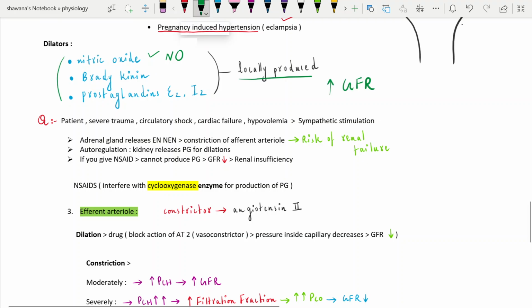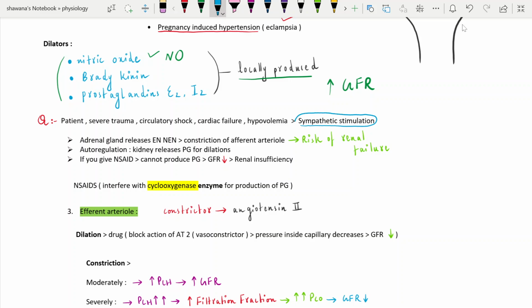There is a clinical scenario that, for example, if a patient is suffering from hypovolemic shock or circulatory shock or cardiac failure, in all these conditions there is a sympathetic response in the body.